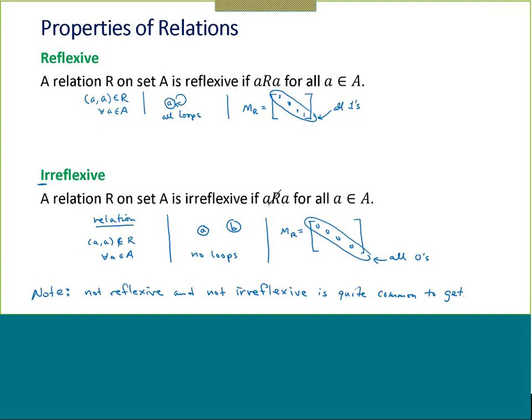Anybody have a guess how you could be neither reflexive nor irreflexive? As this is a really, really common thing. In actuality, all of your graphs that you played around with in the activity we just had were both not reflexive as well as not irreflexive.